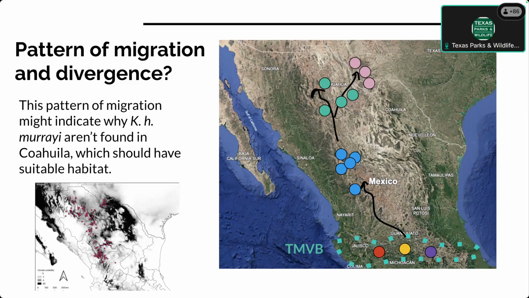A couple of other questions coming in now. Do you suspect their distribution might be wider in Texas if more sites could be studied? I think so. I believe Texas actually has a pretty healthy population of them.